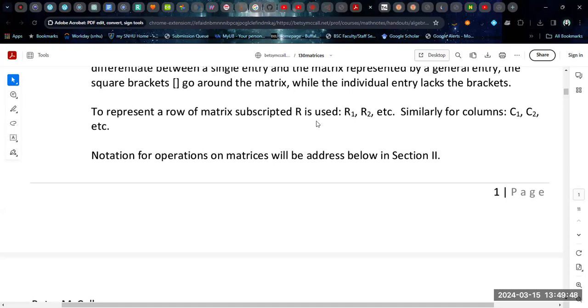Typically we would represent rows as R sub 1 for row 1, R sub 2 for row 2, etc. And similarly for columns, we would number them 1, 2, 3, etc. C sub 1 for column 1, C sub 2 for column 2. We're going to be using these notations, particularly the row notations, later on when we start talking about operations on matrices.